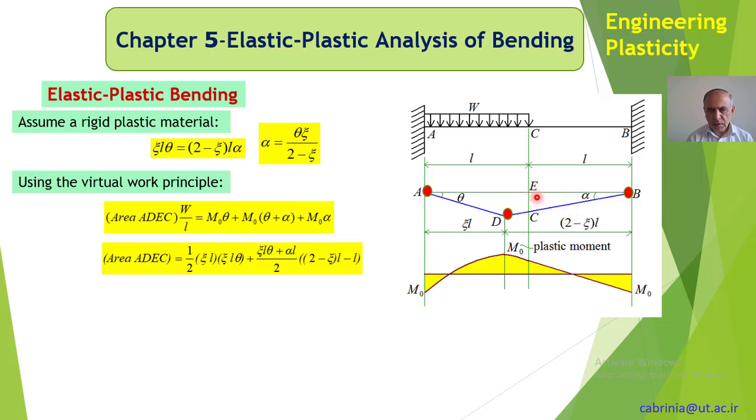BE times alpha is EC. So I have that length, and that length, add them together, divided by 2, and times 2 minus XIL, sorry. 2 minus XIL is that much, minus L. I get this part.